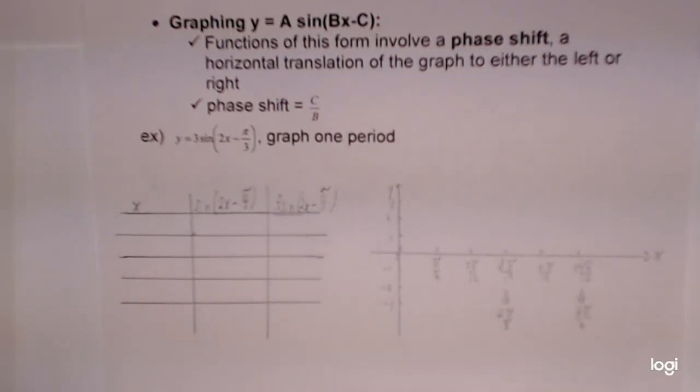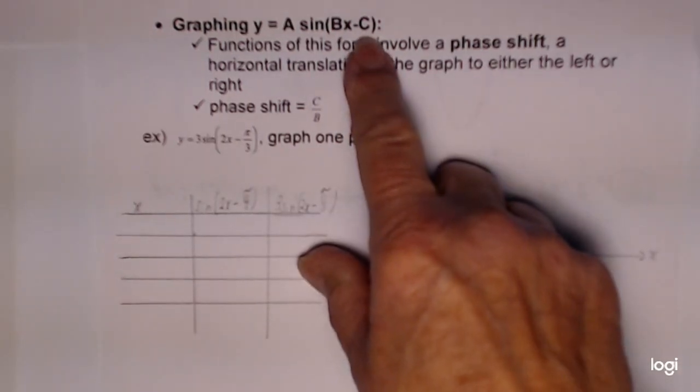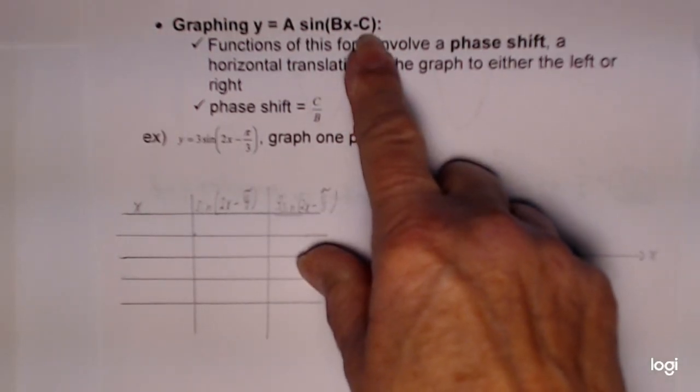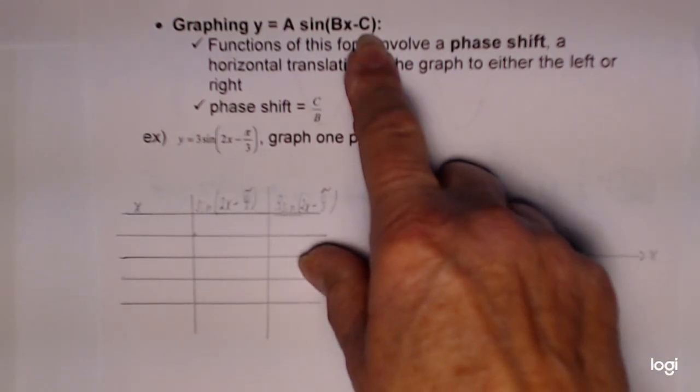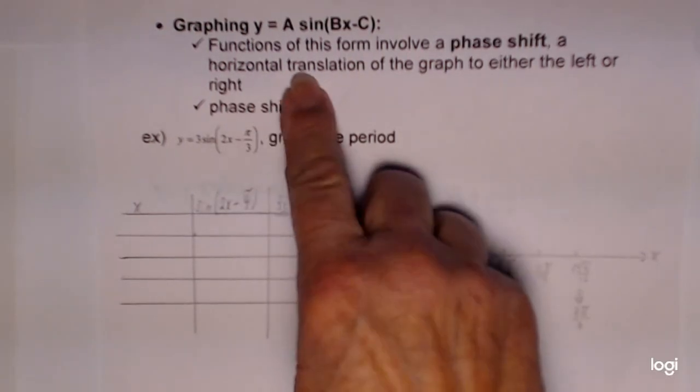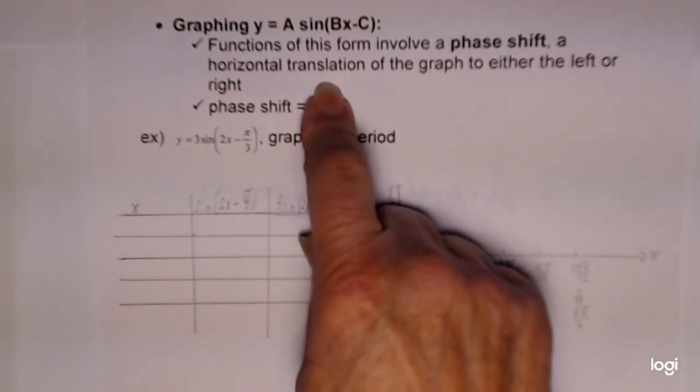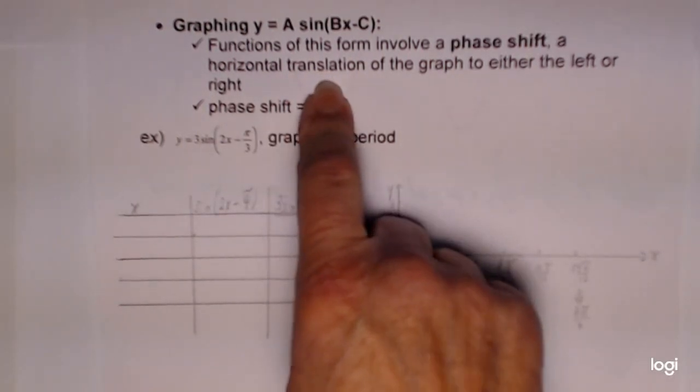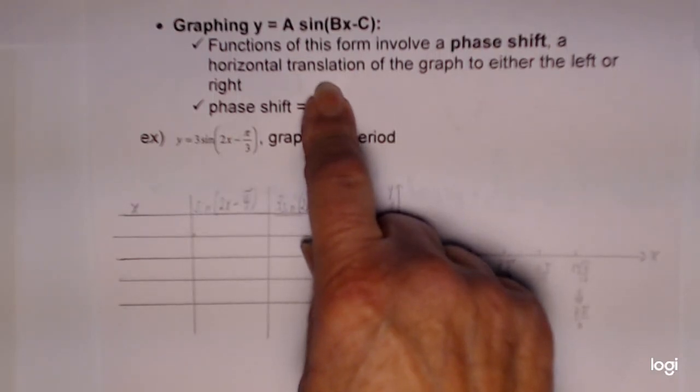Now we're going to incorporate new information, C. And this C is going to mean that there is a phase shift, which is, as it says here, a horizontal translation or horizontal movement of the graph either to the left or right.